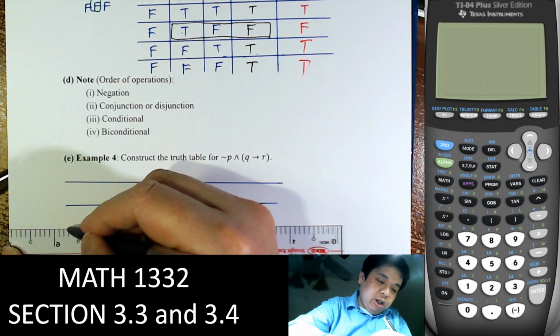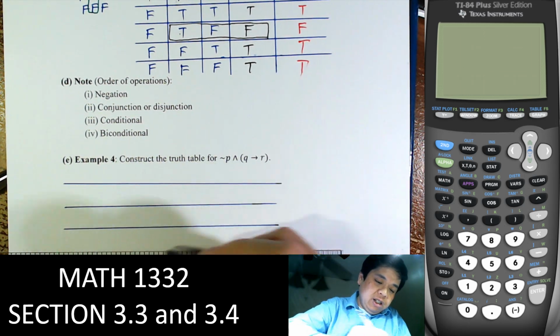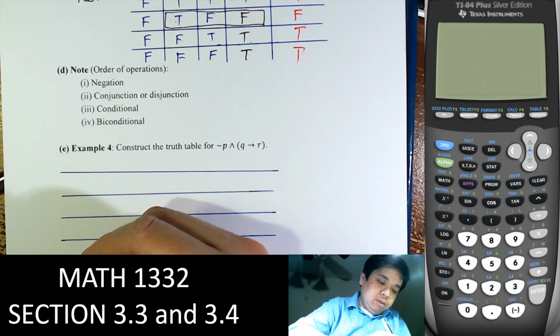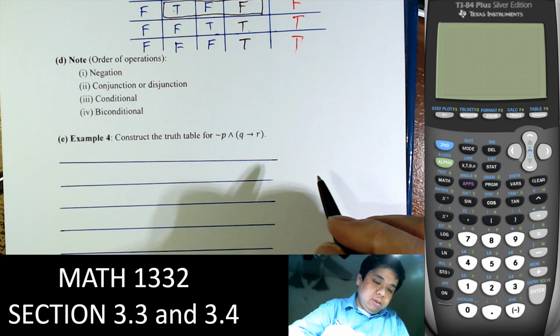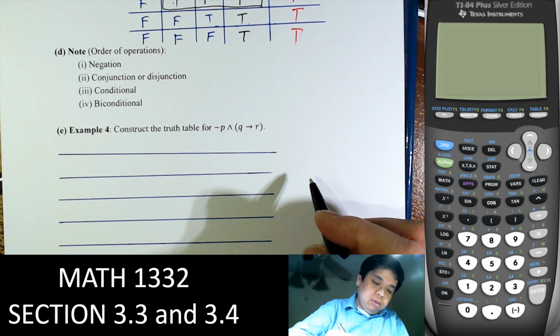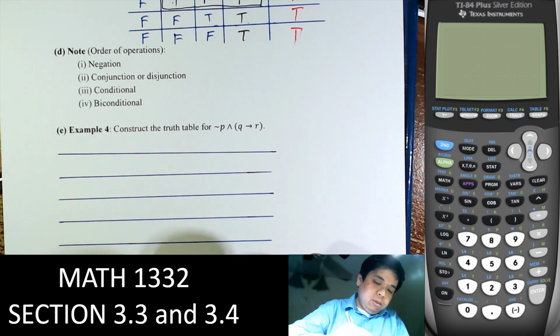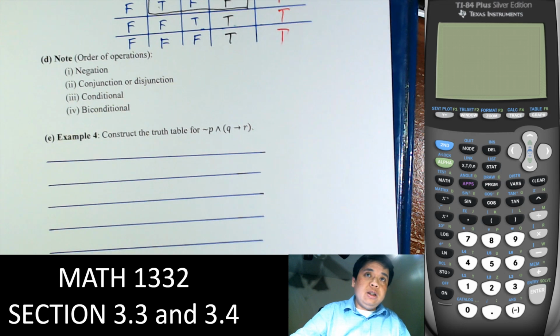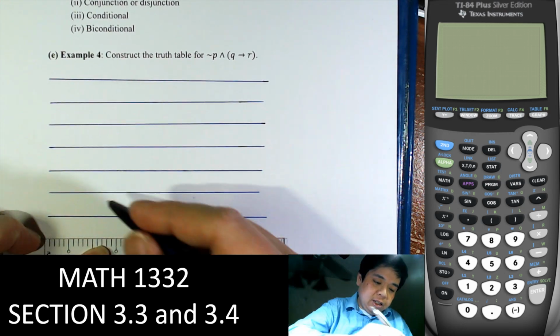Now I'm going to run 7 lines, I mean 8. 1, 2, 3, 4, 5, 6, 7, and 8.